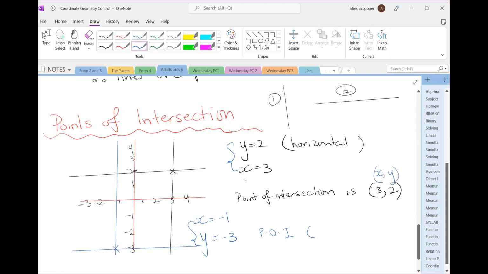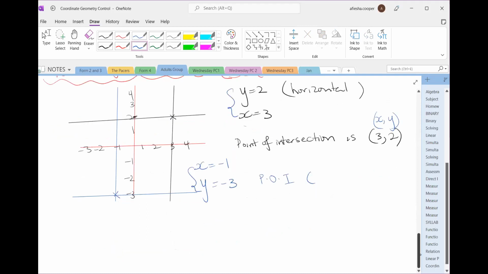Tiffany? -1, -3. Very good. We go to our x first, then we get our y. -1, -3. So that's points of intersection, really and truly.